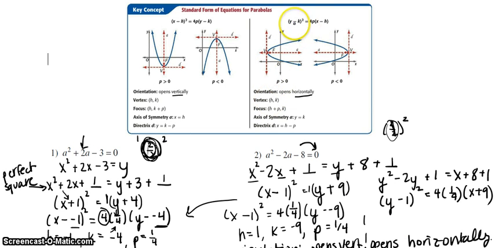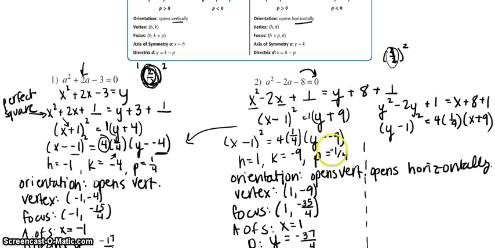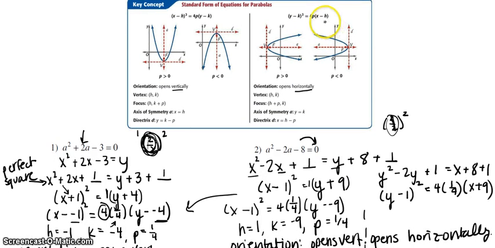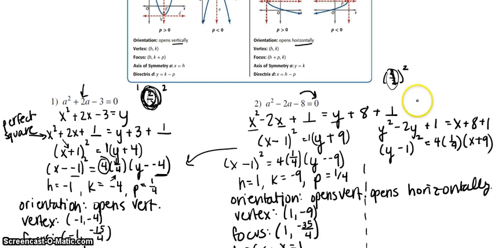So we can see that our x and our h are still going to go together here, and our k and our y are still going to go together there. So our h is still going to be negative 9.